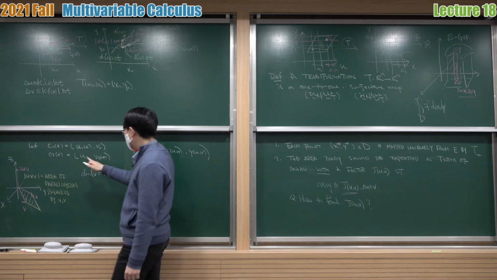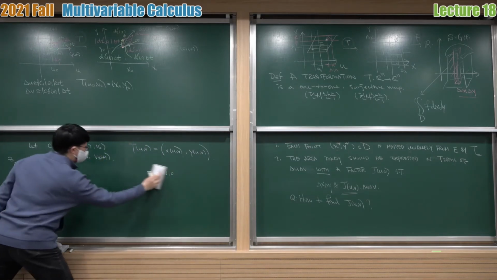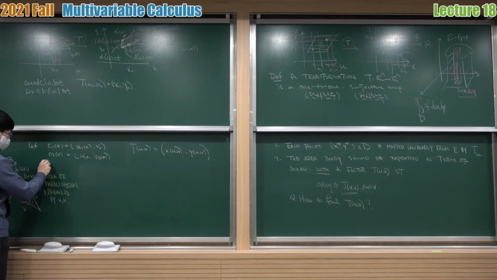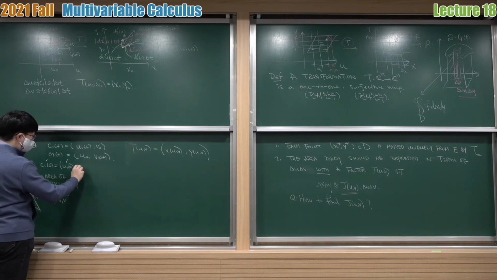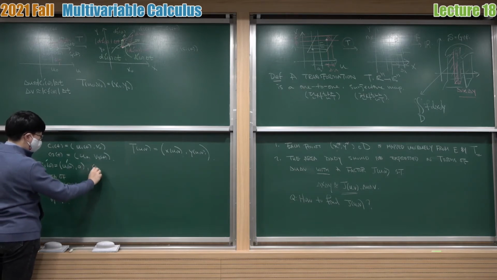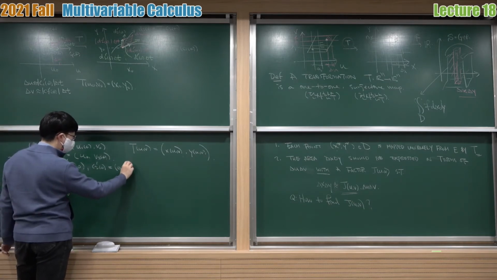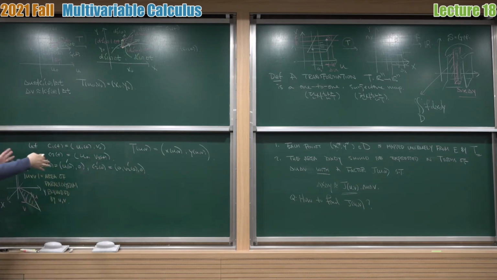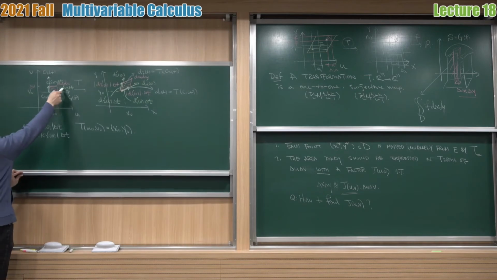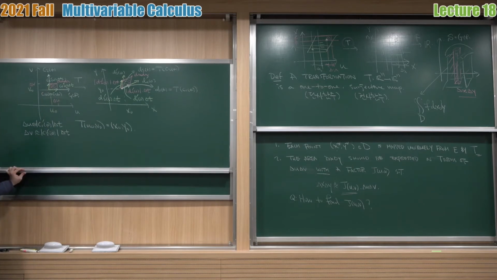Sorry, I should take a prime here, right? So let me write it again. C1 prime 0 is (u1 prime 0, 0, 0), and C2 prime 0 is (0, v2 prime 0, 0). What we have to take the cross product of are these two vectors, C1 prime 0 delta t and C2 prime 0 delta t, to get the area of the parallelogram.